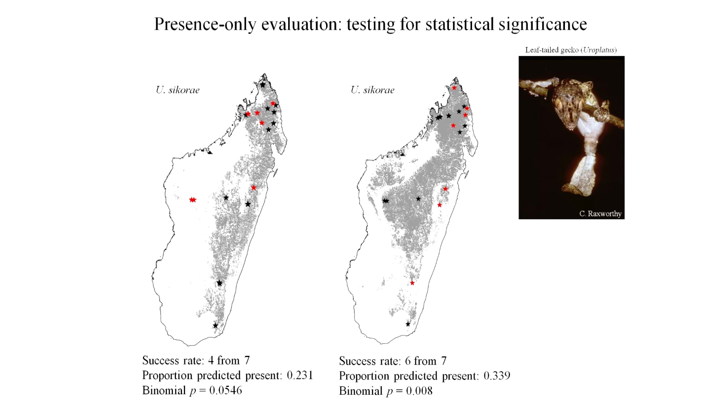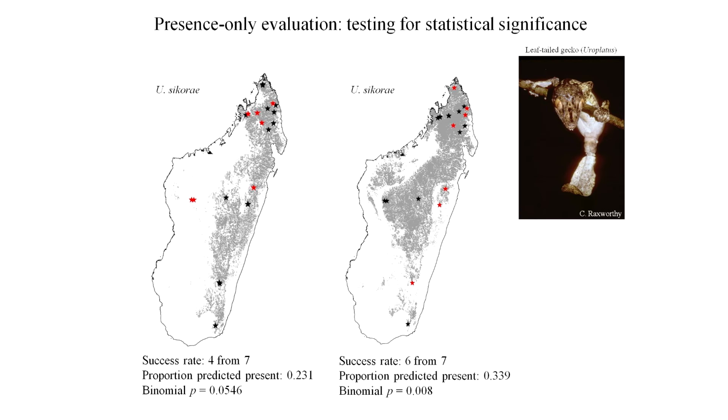And that gave a binomial probability, based on that success rate and that null hypothesis of what the probability of being successful at random is, of 0.05. So a little bit above significance, not significant. In this case, there was a higher proportion of the study area that was predicted present, but in this case we got 6 out of 7 right, and the result came out as significant.